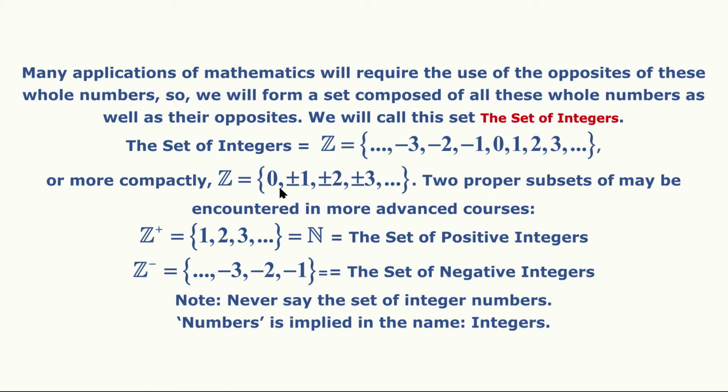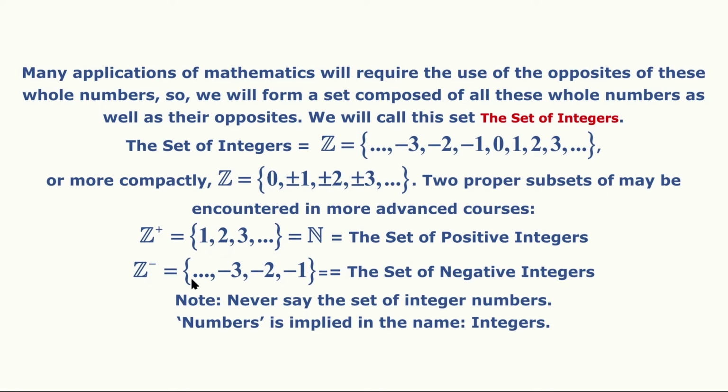Now, sometimes in more advanced study, we look at two sets which are proper subsets of Z, and we call them Z plus and Z minus. Z plus should look familiar to you, right? That's exactly the same as the set of natural numbers.